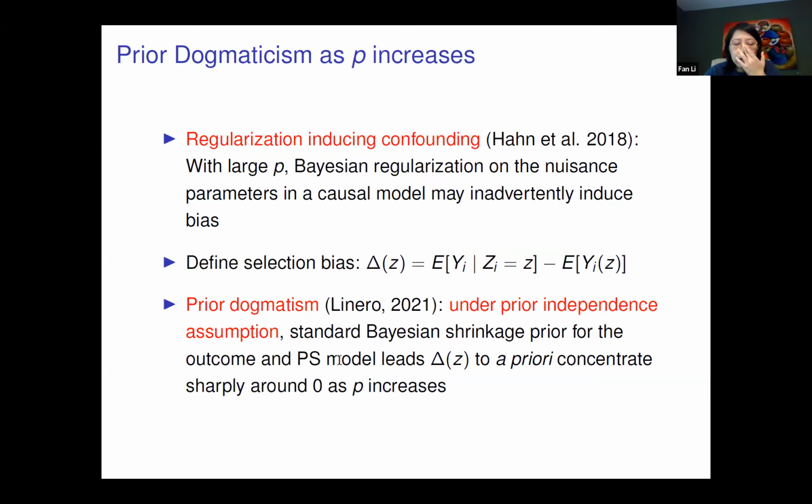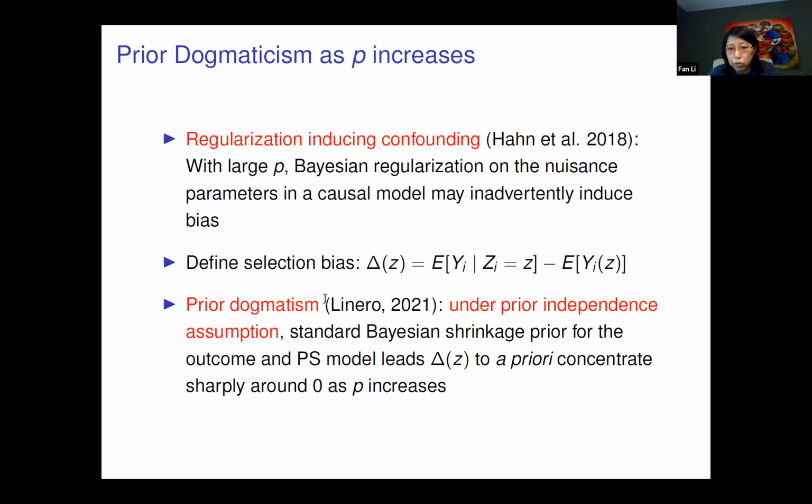What was more precisely pointed out by Antonio Dinaro in last year's paper is what he calls prior dogmatism. So, what does this mean? He defined the selection bias as the difference between the marginal distribution of the outcome and the potential outcome given Z. This is called selection bias.